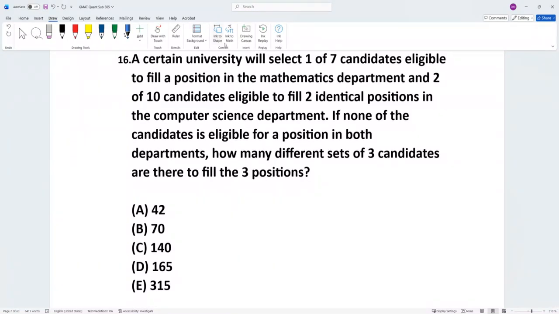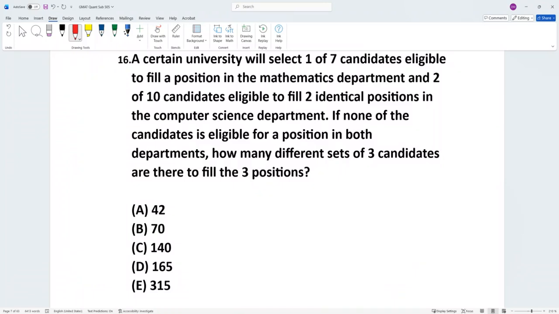Okay, so the question says, a certain university will select one of 7 candidates eligible to fill a position in the mathematics department and 2 of 20 candidates eligible to fill 2 identical positions in the computer science department. If none of the candidates is eligible for a position in both departments, how many different sets of 3 candidates are there to fill in 3 positions?